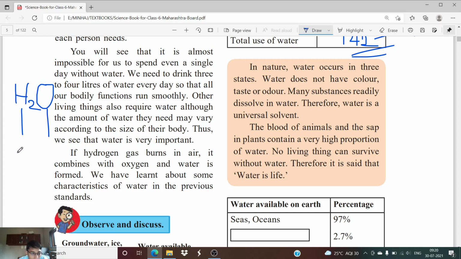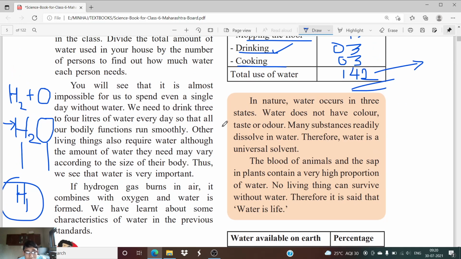Whenever you burn hydrogen gas, that is H2, in the presence of air, this hydrogen gas is going to combine with oxygen, and what we are going to get is H2O, that is water.